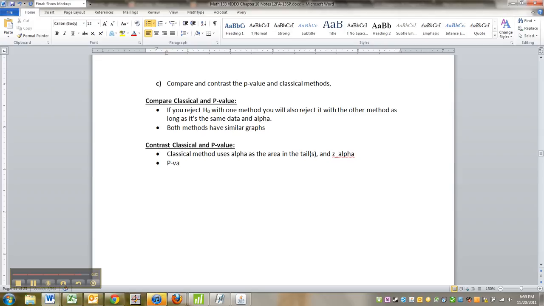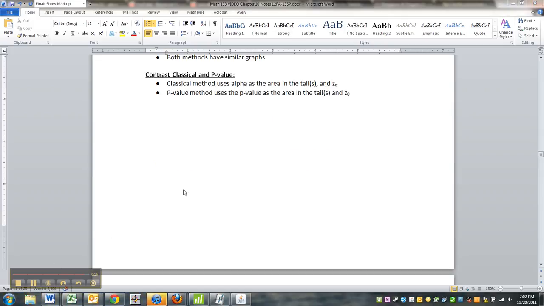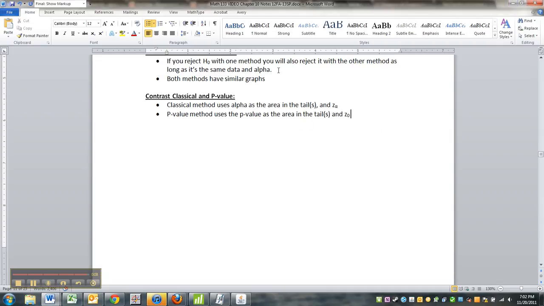The p-value method uses the p-value as the area in the tail and z sub 0. Oops, I just changed the symbols there so it looks more polished. All right, so that's one of the big differences. The pictures look similar, but they're not the same, right? They both will look like left-tailed, but they're not the same numbers.